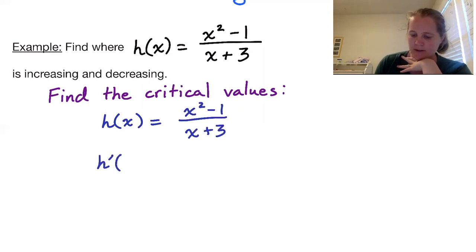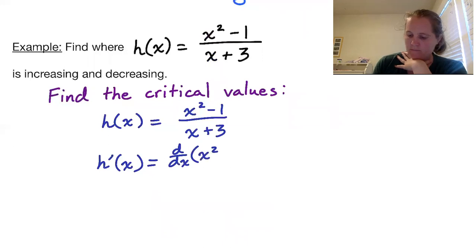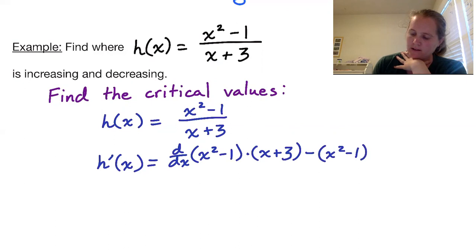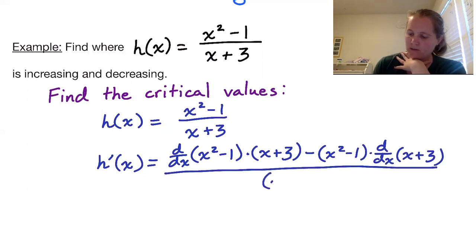So h prime of x, we're going to have to do a little quotient rule. We'll do the derivative of x squared minus 1 times x plus 3. Then we will subtract off x squared minus 1 times the derivative of x plus 3. And then divide by x plus 3 squared.